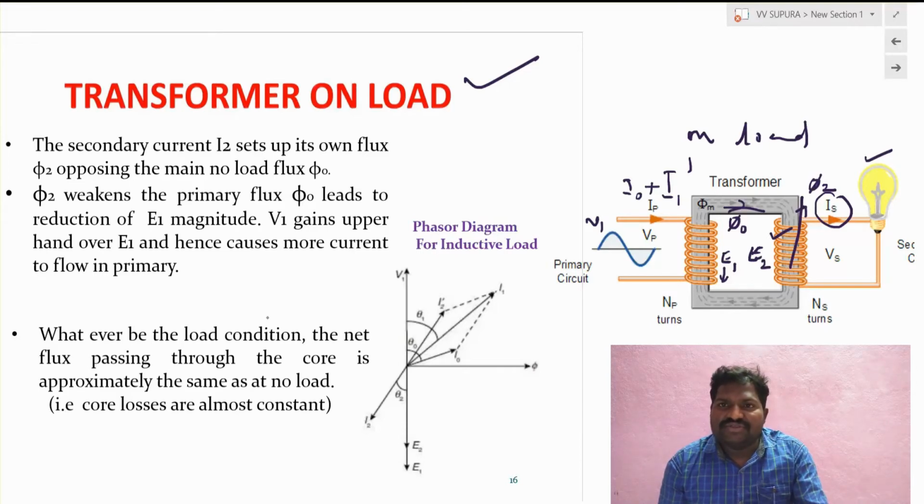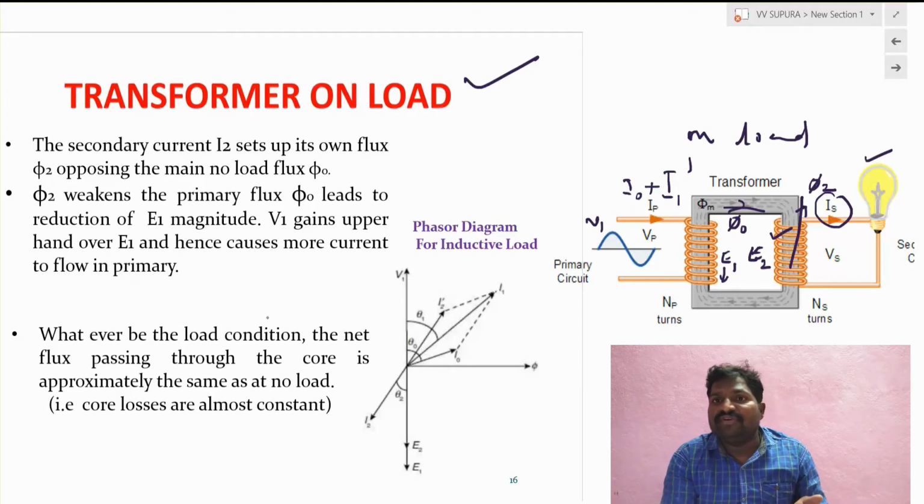If the flux is reduced, automatically primary side induced EMF is also reduced, E1 reduced. If the E1 is reduced and voltage V1 is maintained as constant supply, then what will happen to compensate the reduced magnetic flux? Some additional amount of current is drawn from the primary side, that will be I1 dash.